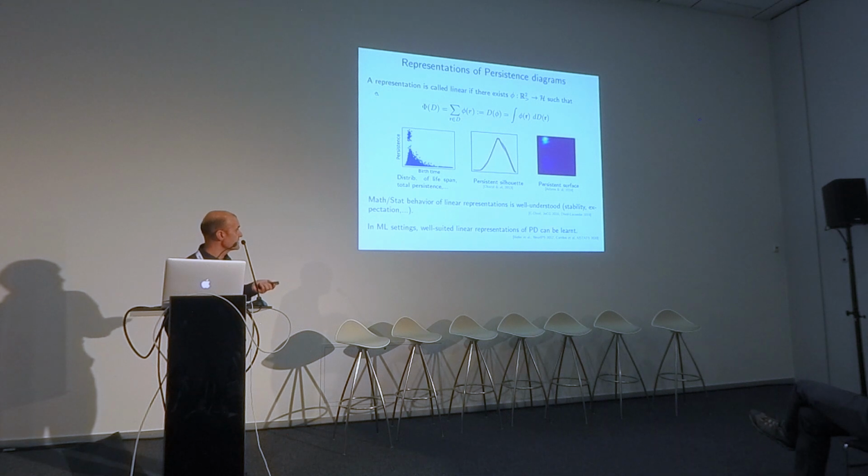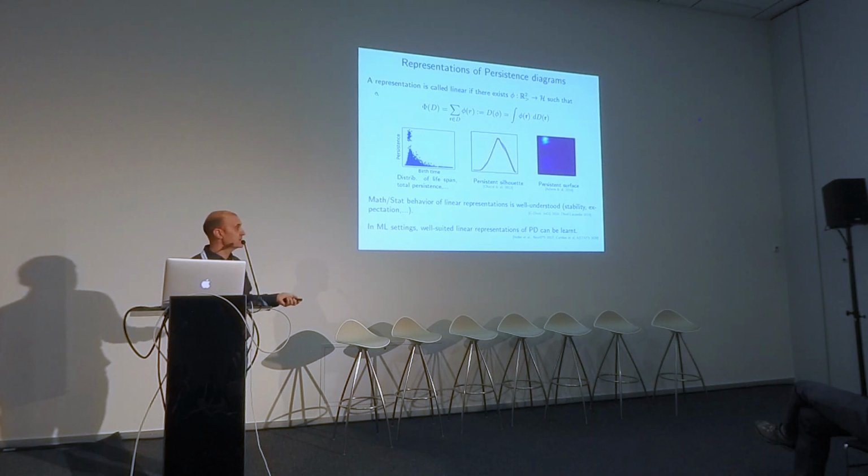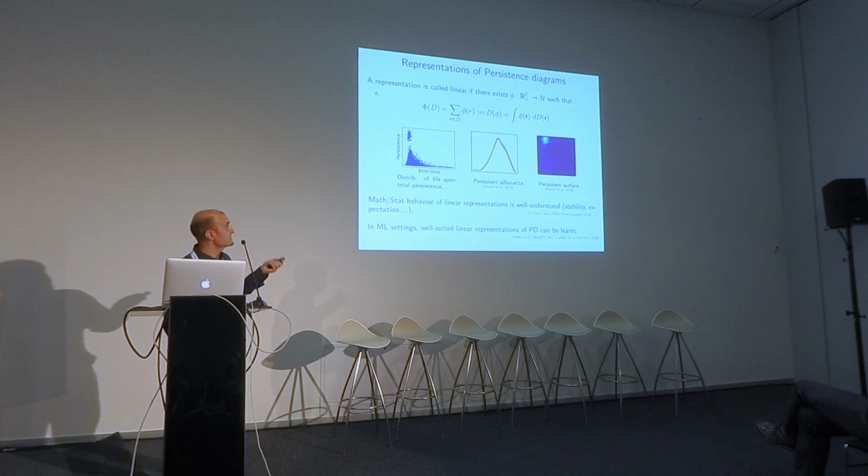And also, this gives you a way to try to design some architecture or some methods to learn these representations. Because now you see a linear vectorization of your persistent diagram as a linear representation, you can try to learn the function phi, etc.